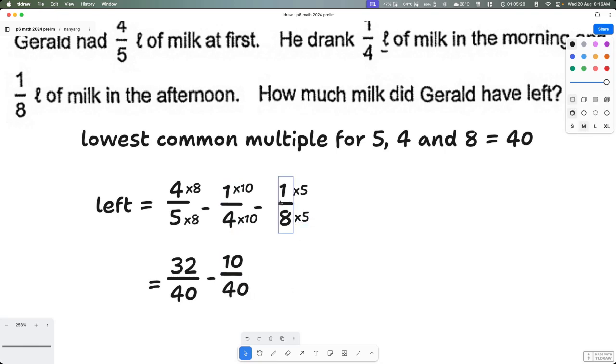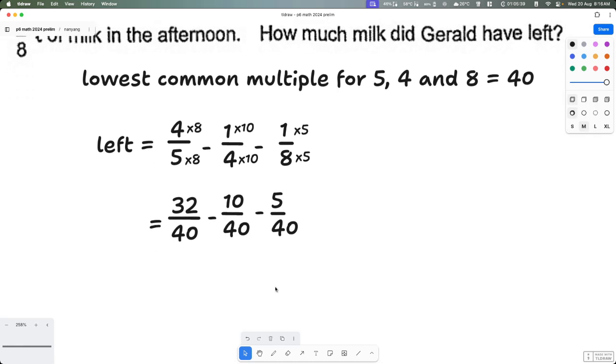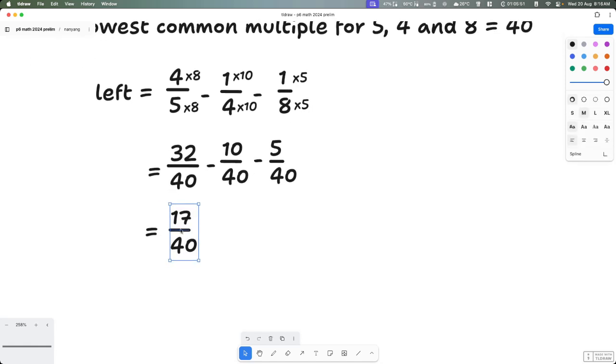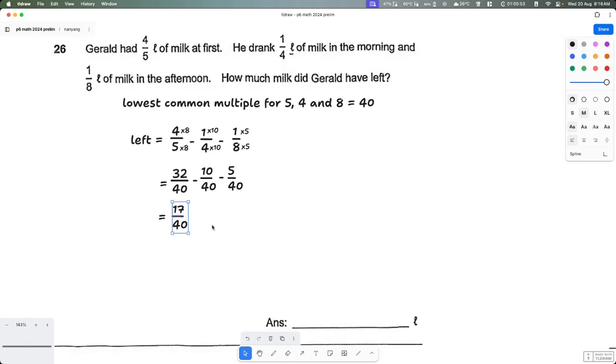And then minus 1 over 8, which will be 5 out of 40, since 1 times 5 is 5 and 8 times 5 is 40. So 32 minus 10 minus 5, the answer is 17 out of 40 liters.